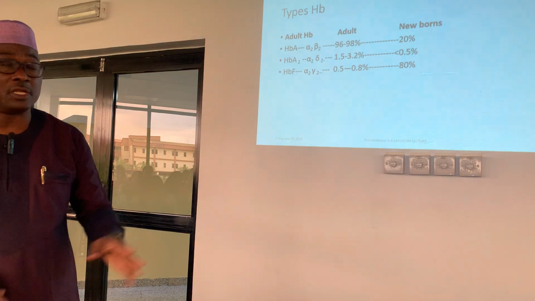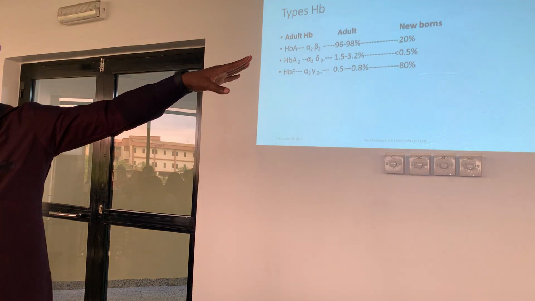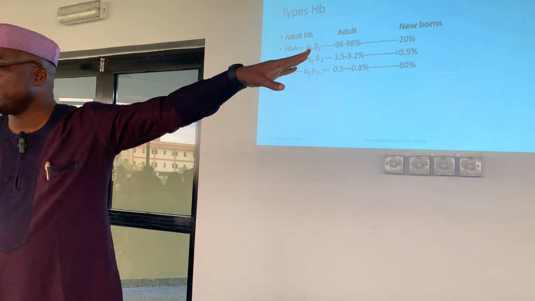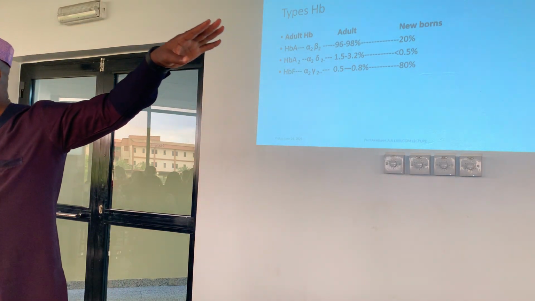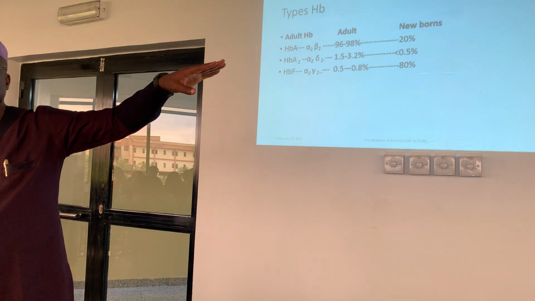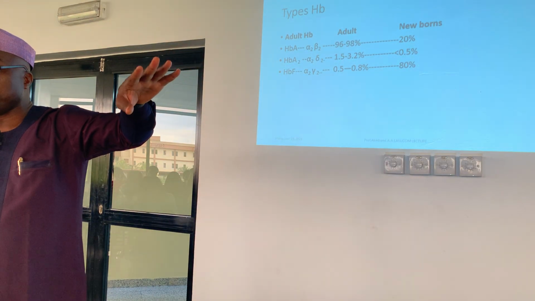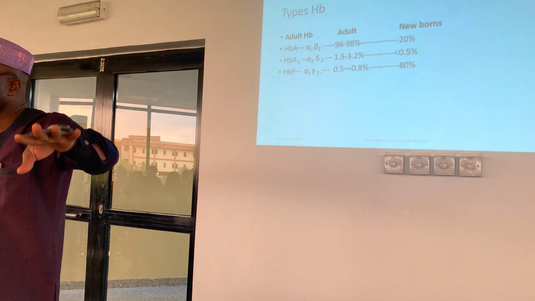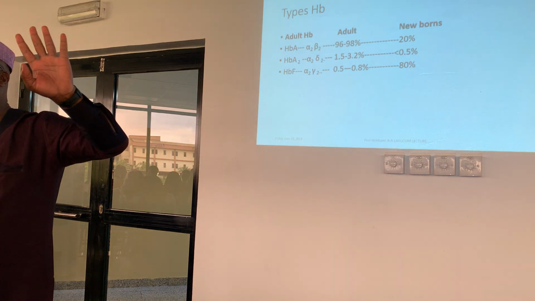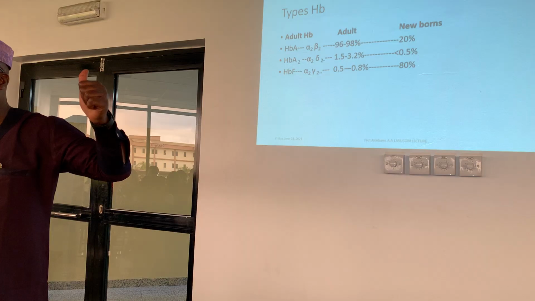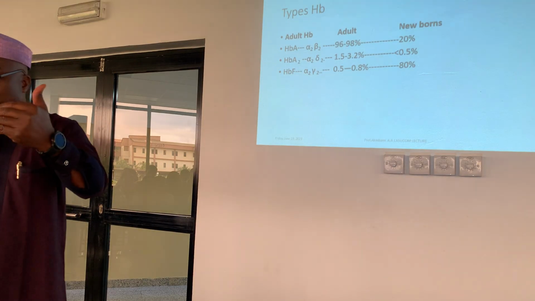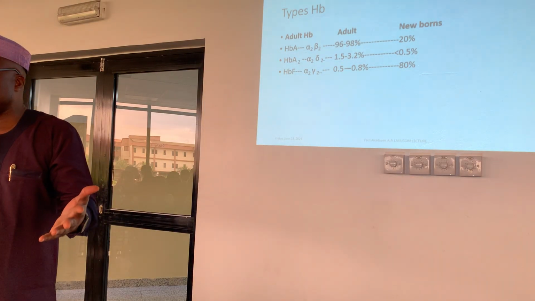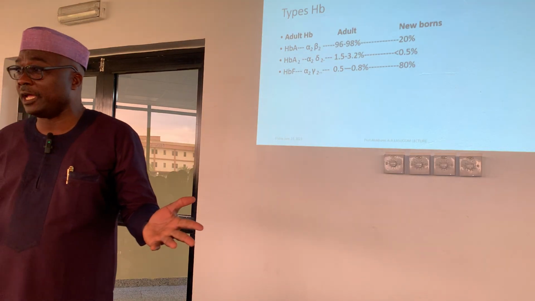So by 6 months, the value declines gradually from 80% at delivery, to 70, 60, to like 20%. I'm talking about hemoglobin F now. By 6 months, the function is not needed again. There is plenty of oxygen in the air.